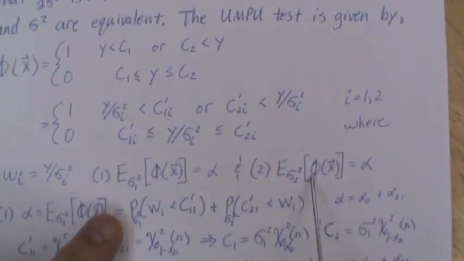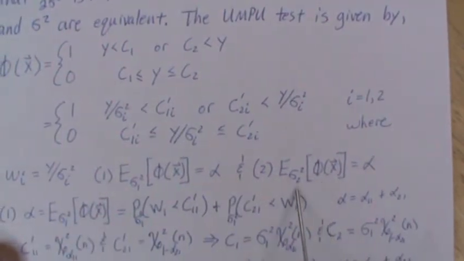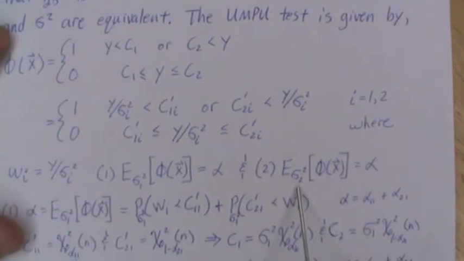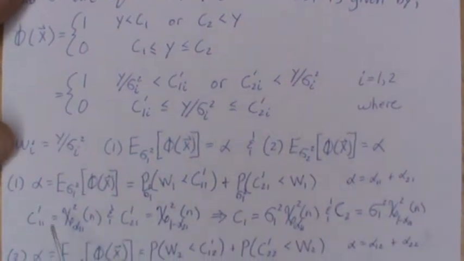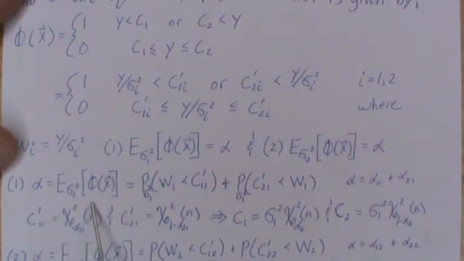And then we're going to assume sigma 2 squared for the second equation. So the second equation is the expected value of the test function, assuming sigma 2 squared is the correct variance, is equal to alpha. So now let's start solving for C1 and C2. So the first equation, alpha is equal to the expected value of this test function. Since it's discrete, it's 0 times the probability of it happening, or 1 times the probability of it happening.